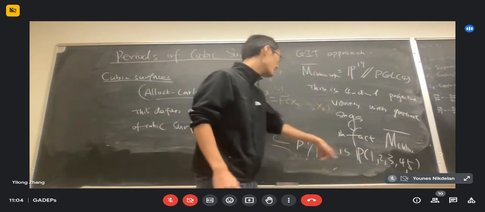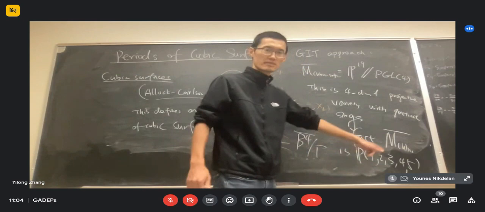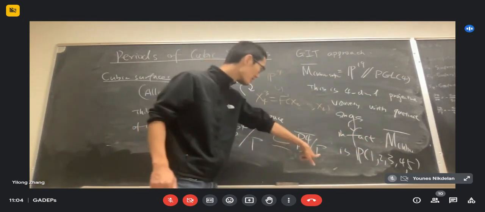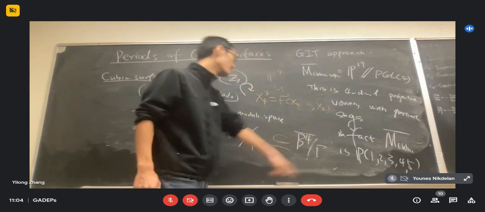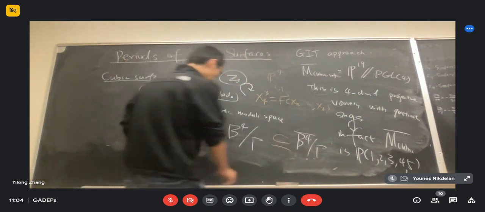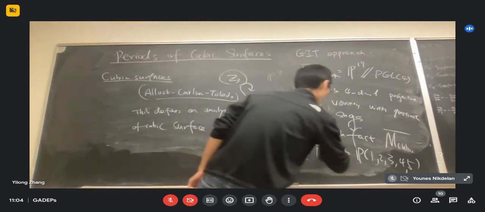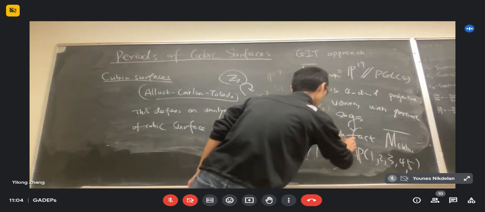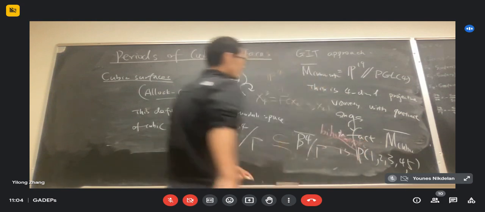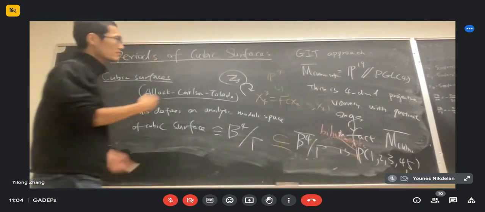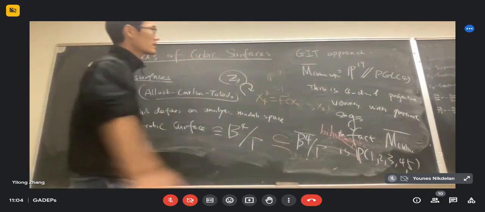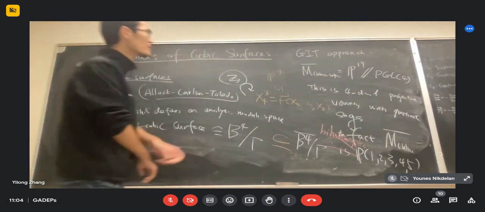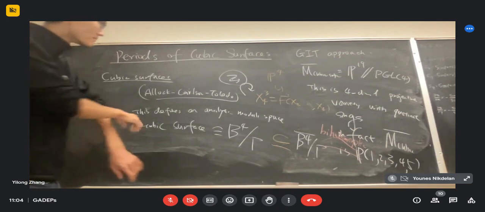There is a biholomorphism between the two, so in other words, you can give an algebraic structure on this analytic space. So this is actually biholomorphic. So this is two ways of characterizing this moduli space of cubic surfaces.